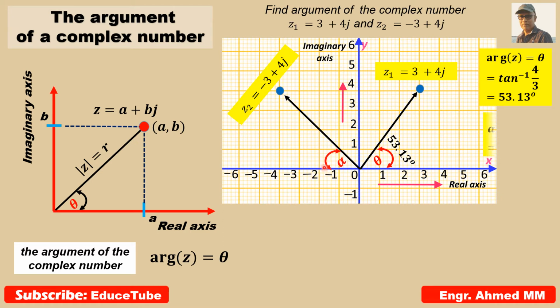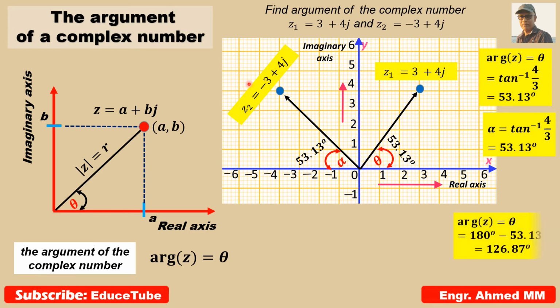In the same procedure as I did here, it is a right angle triangle and tan alpha equals 4 by 3. So alpha will be 53.13 degrees, the same as this one. But the question is, this value of alpha is not the argument of this complex number.